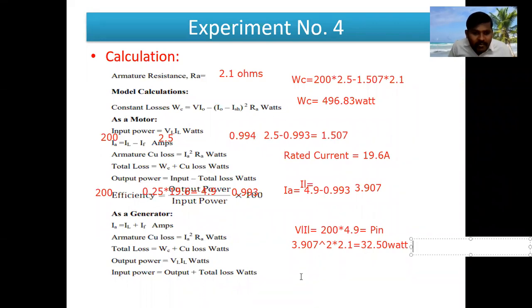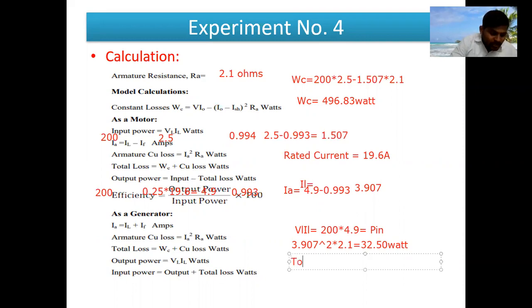कॉन्स्टंट लॉसेस ऑलरेडी कॅल्क्युलेट केले आहेत आपण, सो दॅट वी आर एबल टू कॅल्क्युलेट द टोटल लॉसेस. सो टोटल लॉस इट इज इक्वल्स टू WC आहे आपल्याकडे 496.83 प्लस या कंडिशनला कॅल्क्युलेट केलेले कॉपर लॉस दॅट इज 32.50. इट इज नथिंग बट टोटल लॉसेस.